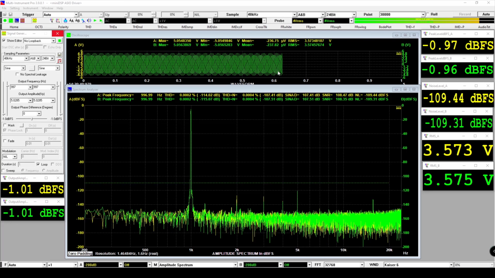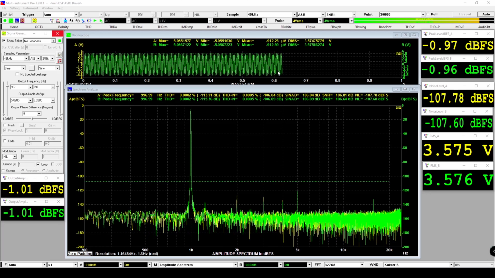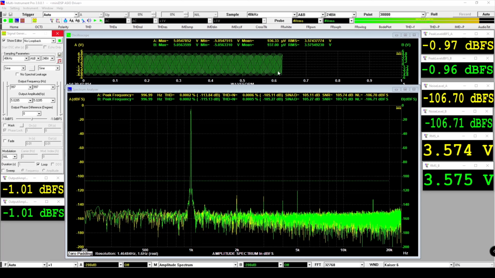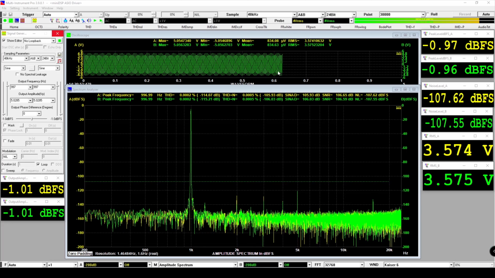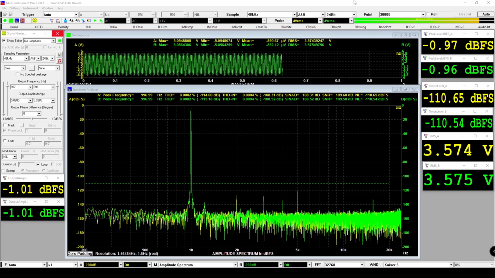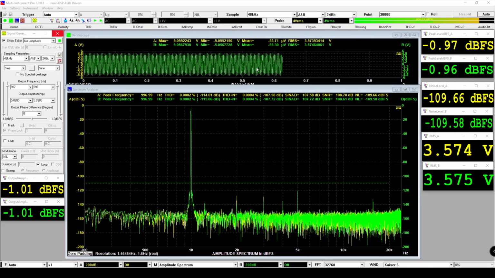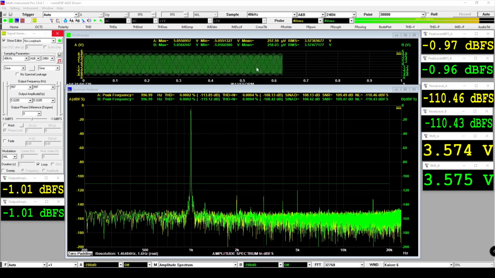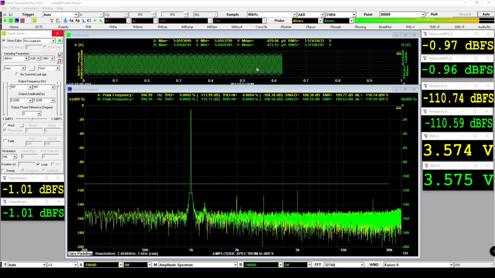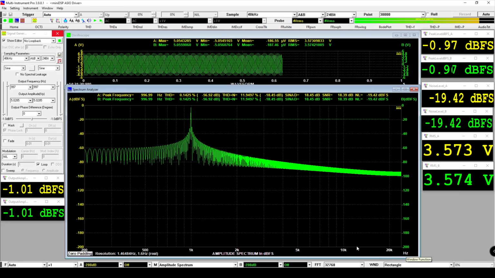And the fundamental feature of FFT, or any Fourier transform, is that it assumes that the signal is periodic. You may say it's a sine wave, it is periodic, but when you cut it, it's only periodic if the end point is exactly the same as the starting point. So except for some special use cases, the signal is never periodic when you cut it, and that causes some issues in the FFT calculation. This is using a rectangle window, which basically means no window function, and this is how it looks.